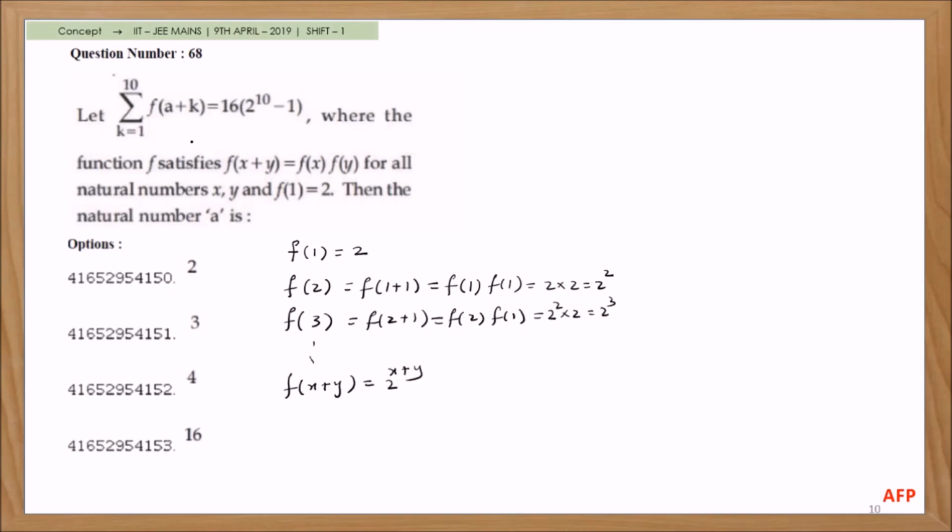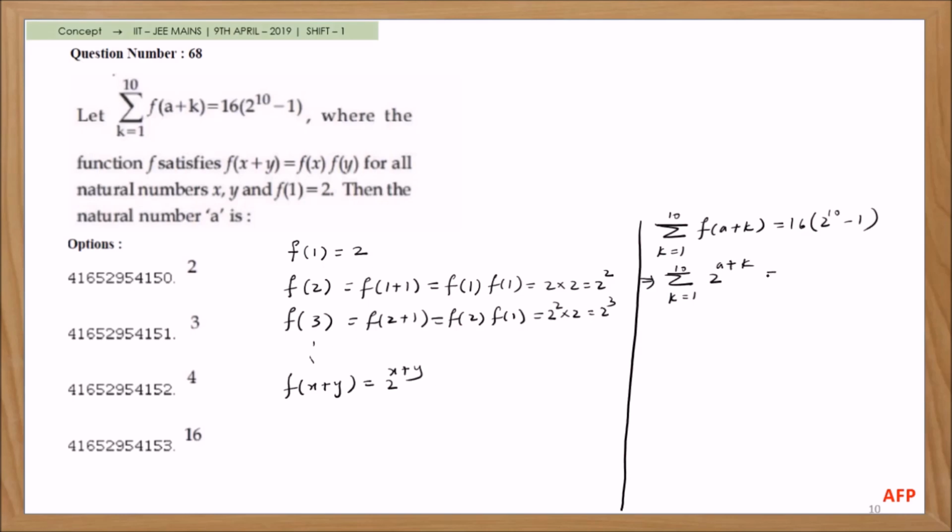Now we will come back to this solution. So we have a very simplified solution. The summation of f of a plus k, with k from 1 to 10, is equal to 16 times 2 raised to 10 minus 1. So this implies the summation of k from 1 to 10 of 2 raised to a plus k is equal to 16 times 2 raised to 10 minus 1.